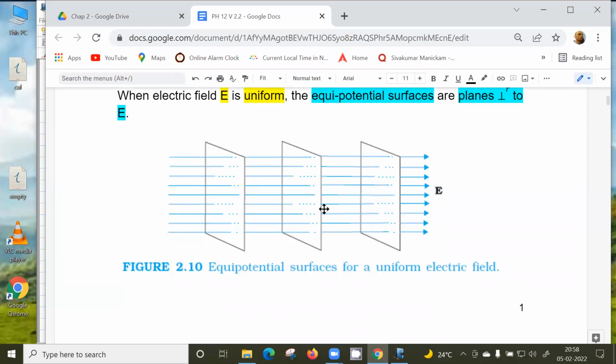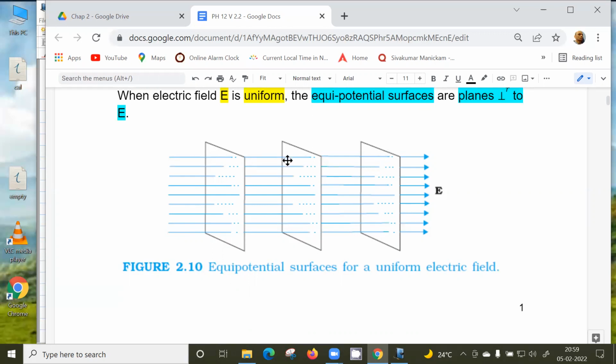But the potential from this to this will not be the same. Suppose this is the capacitor plate, and this is the positive plate and this is the negative plate. Suppose this is plus 5 volts, this will be minus 5 volts, so in between we can say this is 0 volts. So it's 5 here, 4.5 here, and this is 0 volts.